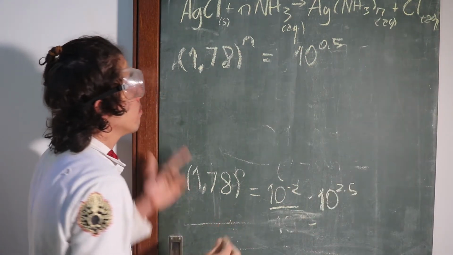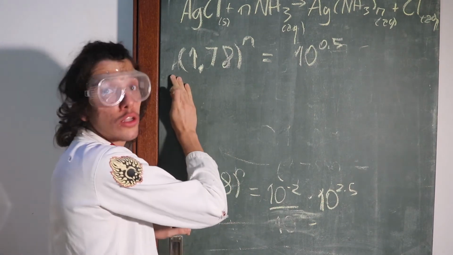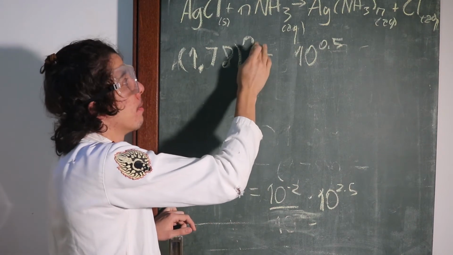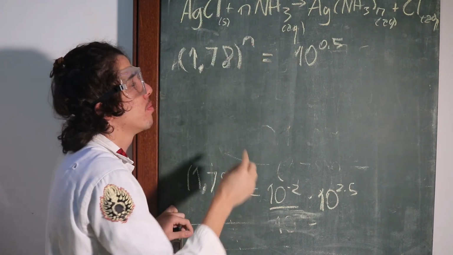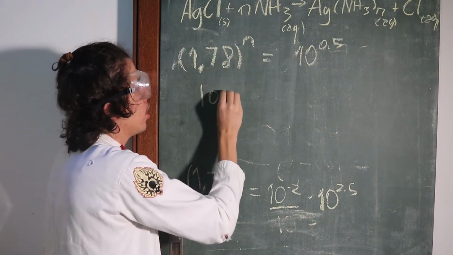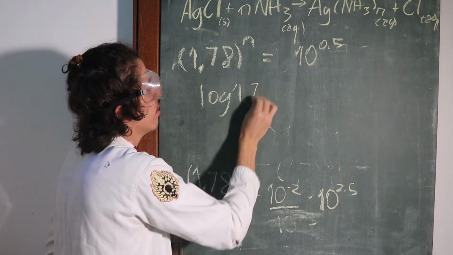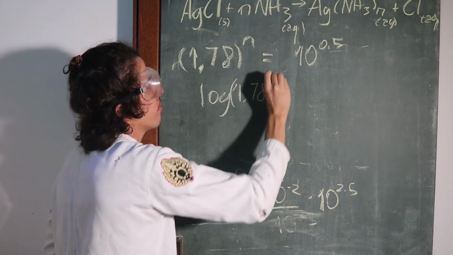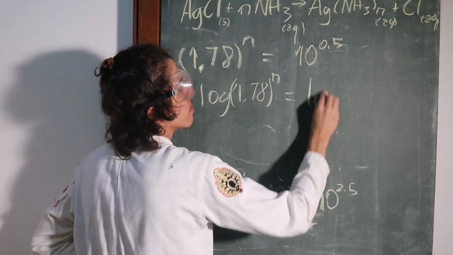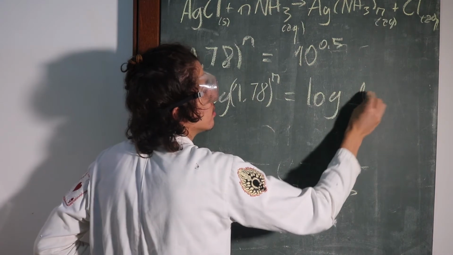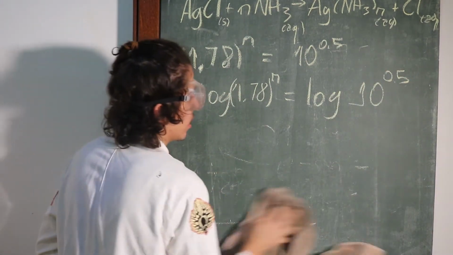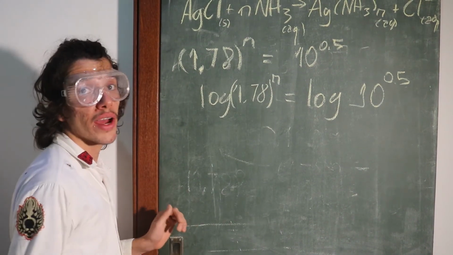So now what we can do is use the log function on both sides. We can pick this power and multiply it. So log of 1.78 to the power of n is going to be equal to log of 10 to the power of 0.5. Now we can solve it quite nicely.